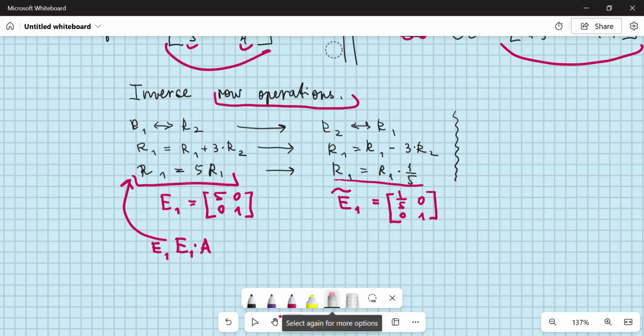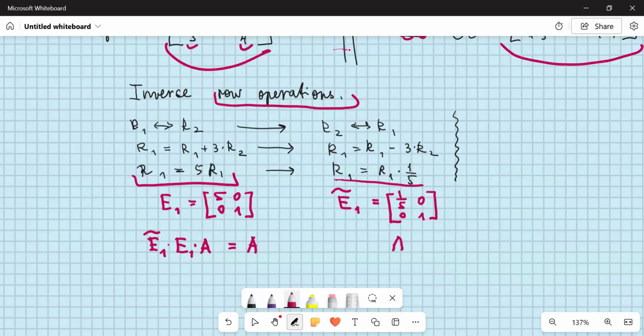I'll probably need to erase this arrow to place my inverse matrix. And you are supposed to get matrix A back. It's just like you apply direct operations, then inverse, you get the matrix back, and elementary matrices are doing the same, just with multiplication. And of course, they can be interchanged.